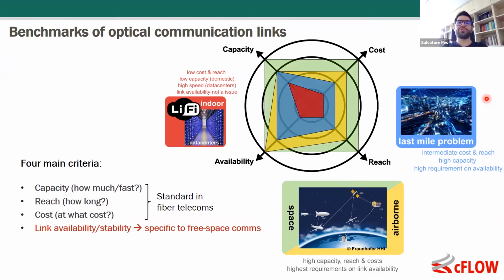And then there is the most challenging scenario, airborne and space, in which we have high capacity need, reach, and cost, and the requirement on link availability is also the highest, because we transfer data through the atmosphere.